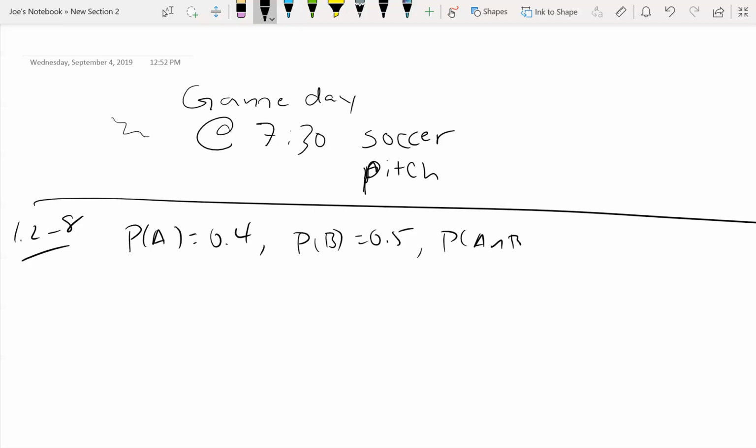Probability of A intersect B is 0.3. So part A asks you for the probability of A union B. So how would we attack this one?